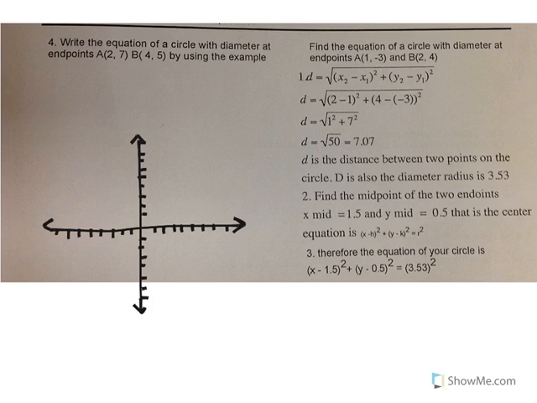It says the endpoints of the diameter are at 2, 7, so I'm going to plot 2, 7.